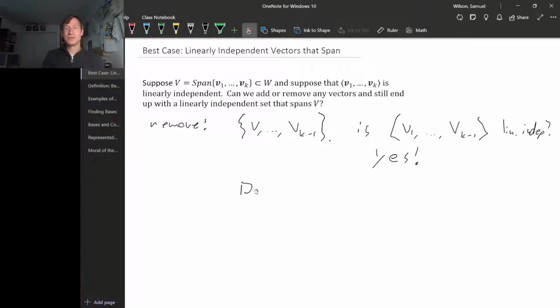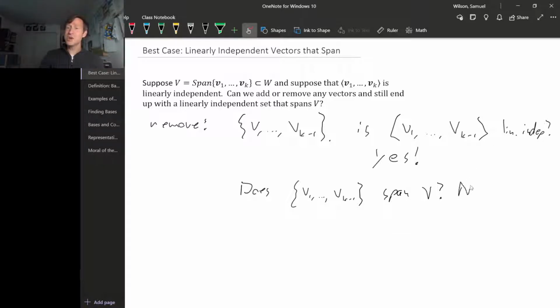So does {v1 through vk minus 1} span V? And actually, we've already answered this question too when we talked about linear independence.